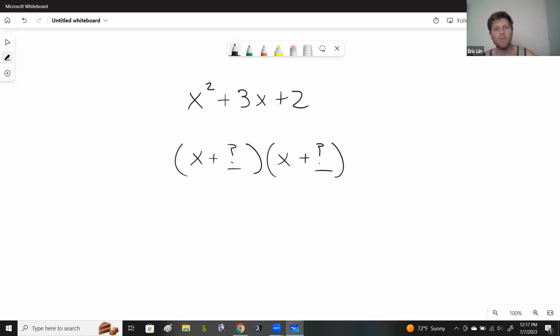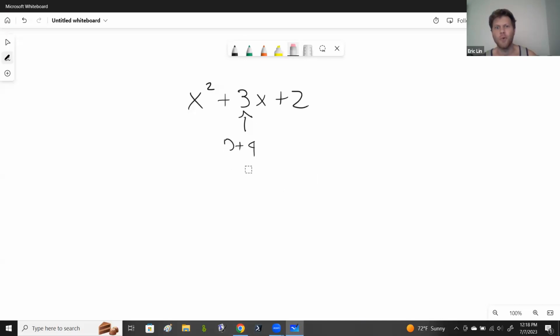Well, let's look at the coefficient of our middle term, which is 3. We know 3 needs to be some number plus some other number. So P plus Q, if I'm using the form that I was using before. So I need something plus something else, so addition. And for 2, I would need those same two numbers to multiply to give me 2.